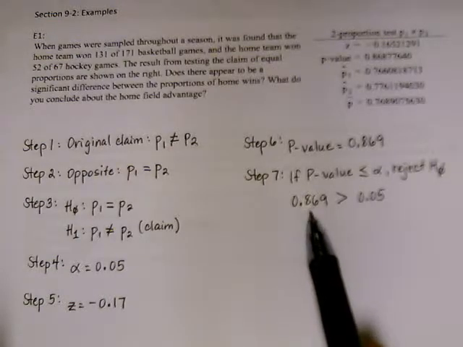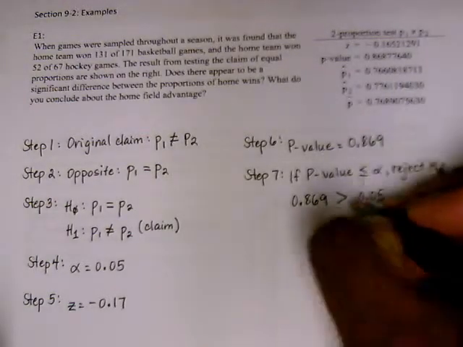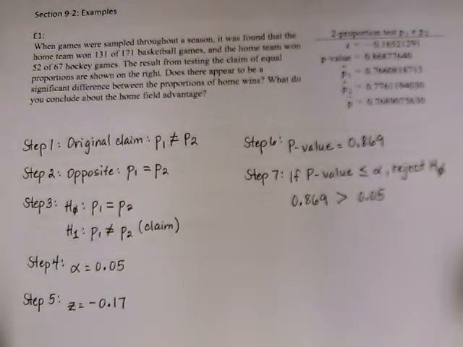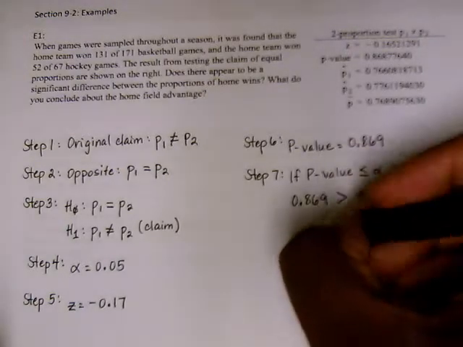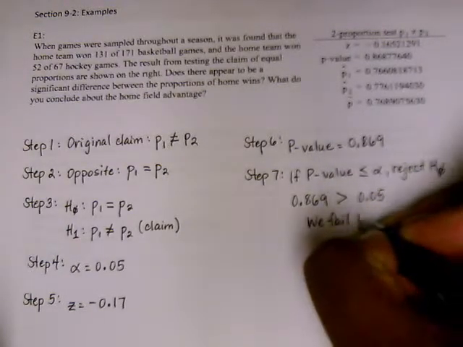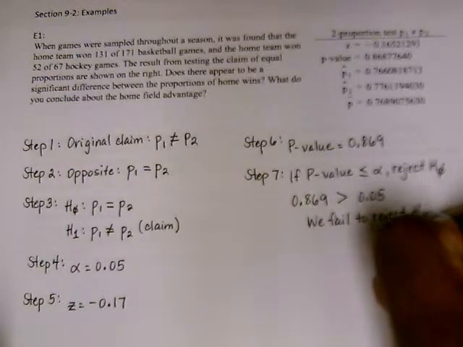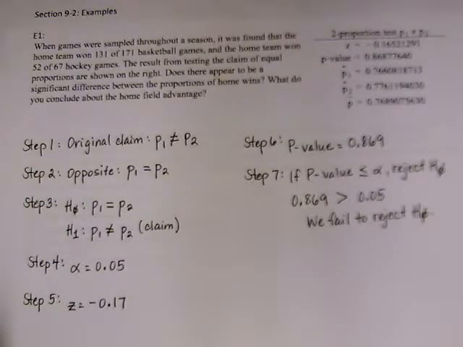So here we have a very high p-value here, so the null must fly. So in other words, since 0.869 is bigger than 0.05, that means we're going to fail to reject the null hypothesis. So here we fail to reject the null hypothesis.